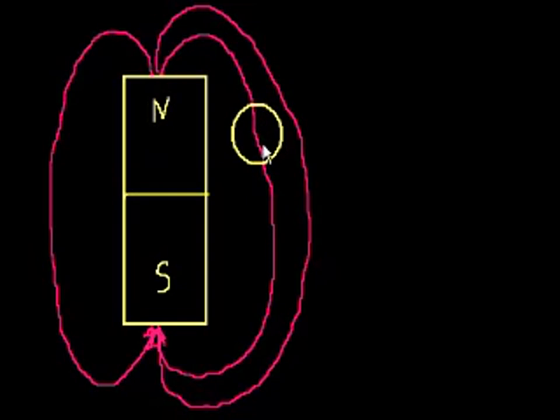The compass pointer will actually be tangent to the field line. So the pointer could look something like this at this point. And this would be the north pole of the pointer, and this would be the south pole of the pointer. That's how north and south were defined. People had compasses. They said, oh, this is the north-seeking pole, and it points in that direction.